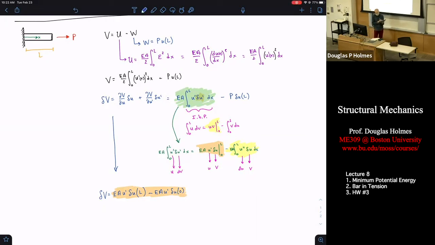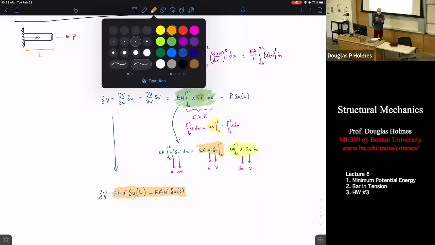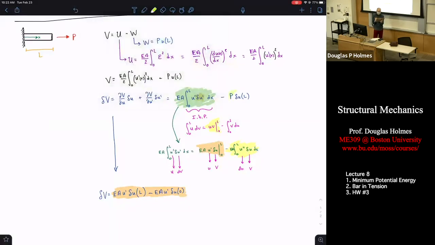Okay. We also have this term. What color do we have left to use as a highlighter? Let's use the light green. So now we have this term.